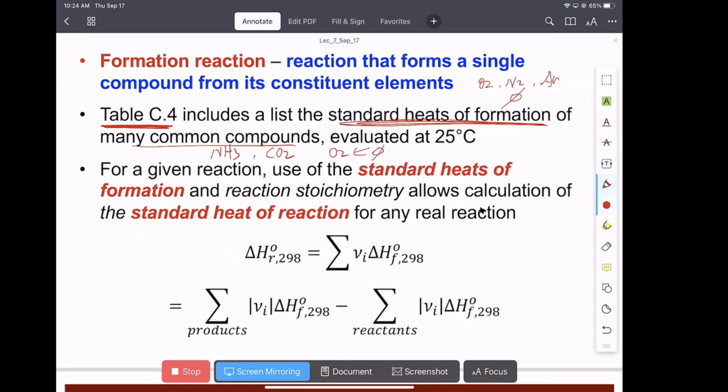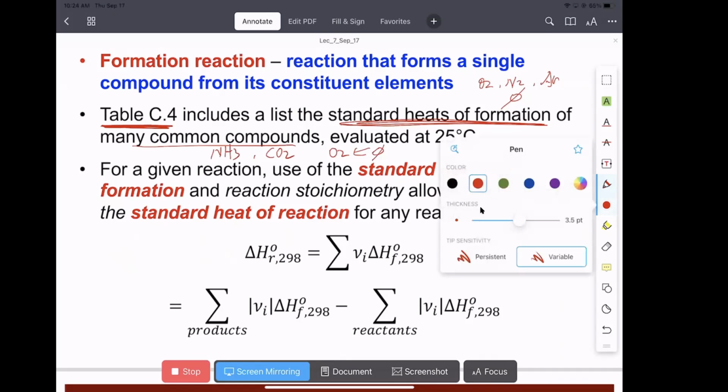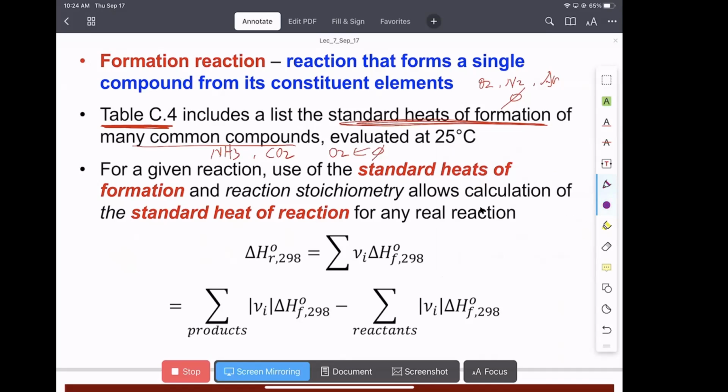And we don't have an unlimited list of those measurements. Those are usually measured at 25 degrees C. That will lead to another problem later on in this lecture.